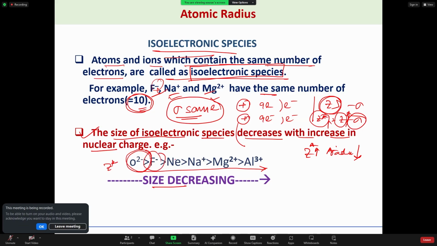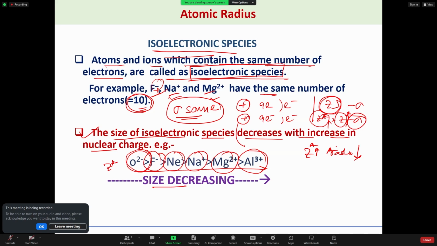But for fluorine, neon, sodium, magnesium, aluminum, the Z value is increasing now. So when the Z value is increasing, the size is actually decreasing.